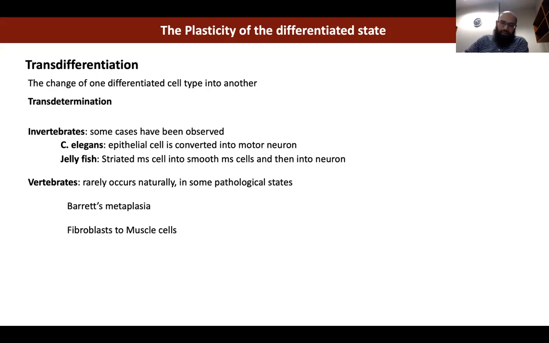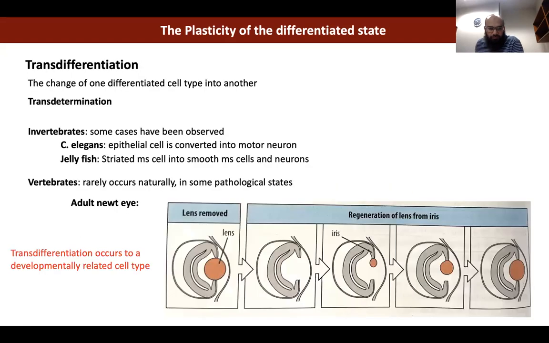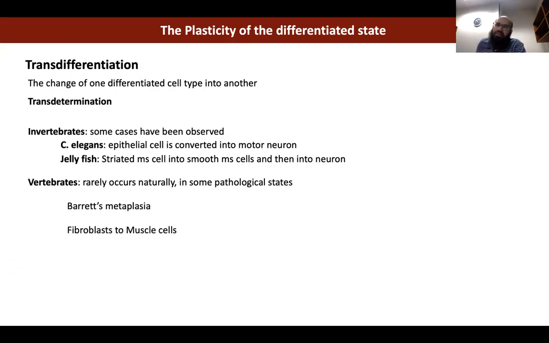And then we have seen that experimentally. Last time we discussed, or maybe a couple of lectures before, that the fibroblasts can be made to differentiate into muscle cells by expressing this muscle-specific MyoD group of transcription factors.